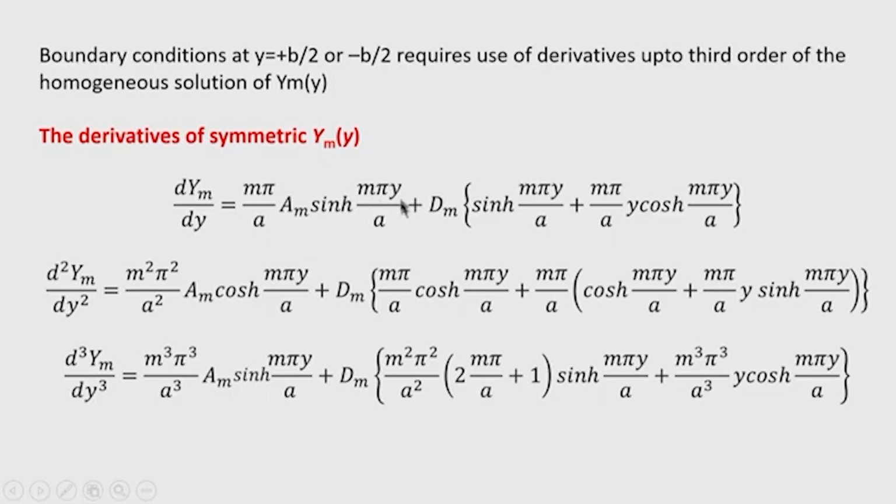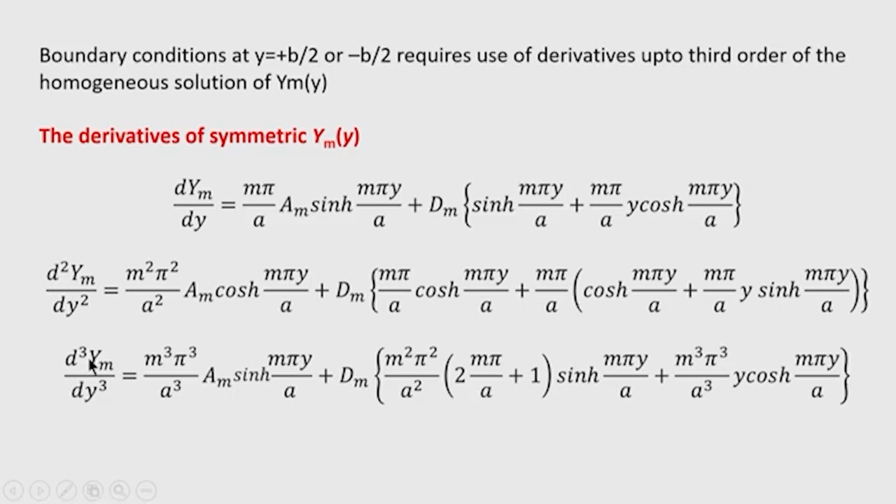Sin hyperbolic m pi y by a is an odd term, and here y cos hyperbolic m pi y by a is also an odd term. Then for the second derivative, that is the even derivative, you can see the even terms appearing. Cos hyperbolic m pi y by a is an even term, and here this is also even, because the product of two odd functions is again an even function. So, with even derivatives, even terms are associated.